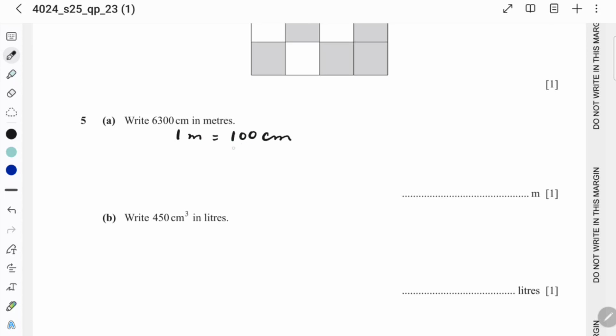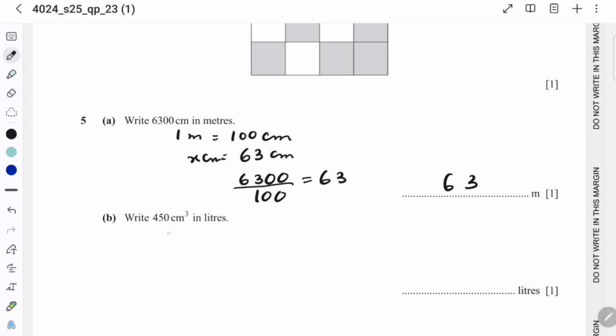Obviously we'll divide, otherwise you can do it like this also: 100x equals 6300, so 6300 divided by 100 is only equal to 63 meters. Okay, next: write 450 cubic centimeters in liters.